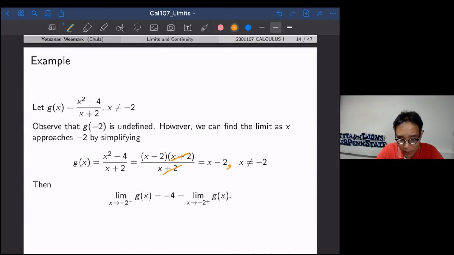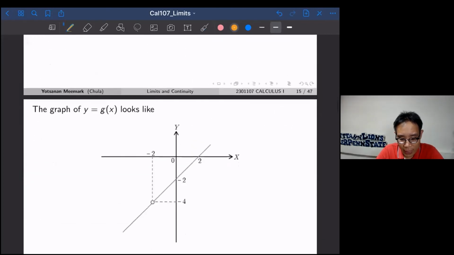Then the limit as x goes to negative 2 from the left and from the right will be just negative 4. How do we see that?